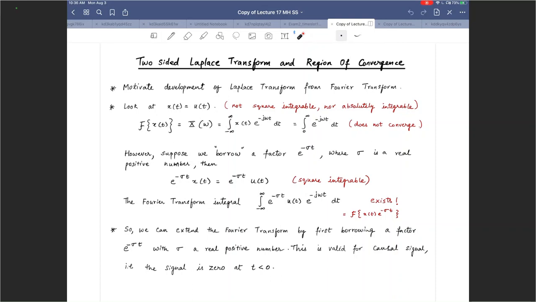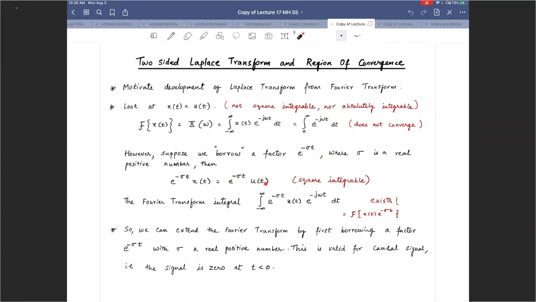But suppose we use a trick here and borrow a factor e to the negative sigma t, where sigma is a real positive number. For example, e to the minus 5t, e to the minus 10t, e to the minus 50t, something that decays exponentially, and multiply our signal with that. So instead of considering the Fourier transform of u of t, now we are considering the Fourier transform of e to the minus sigma t u of t.